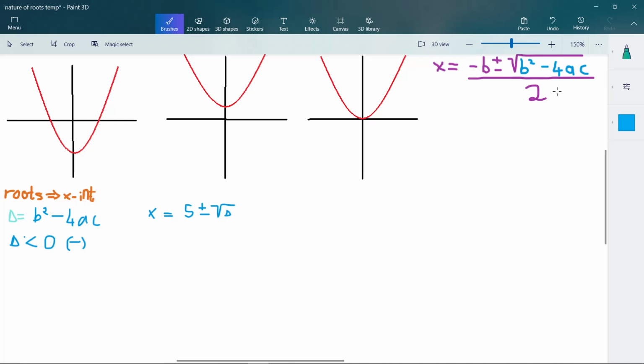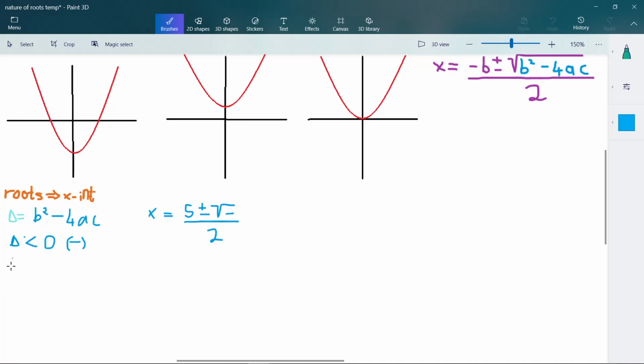Let's say this number is negative, and you know that the square root of a negative number is not defined. The number you're going to get here is non-real, so the roots are non-real, so they are non-existent. This function has no roots because it does not cross the x-axis. I hope that makes sense.